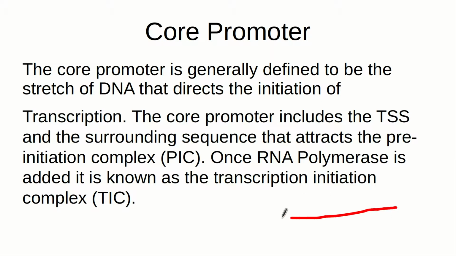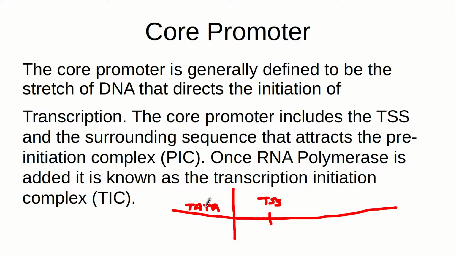So let me draw that. Here you have, let's say, your transcription start site. Let's go ahead and give ourselves a TATA down here somewhere. RNA polymerase will bind somewhere right in here.